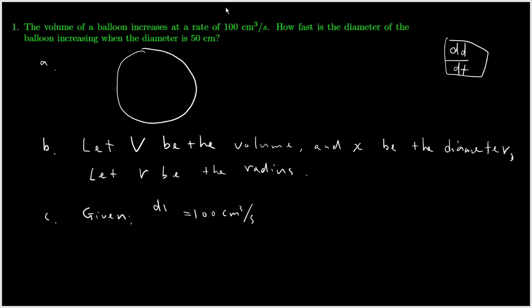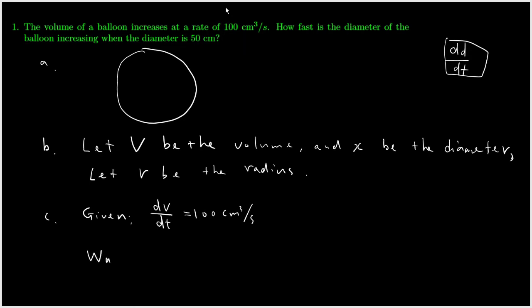I told you the derivative of V with respect to t is the rate of change, right? We're using the derivative dV over dt to denote the rate of change of the volume. It's a constant rate of change. That's the given rate of change.